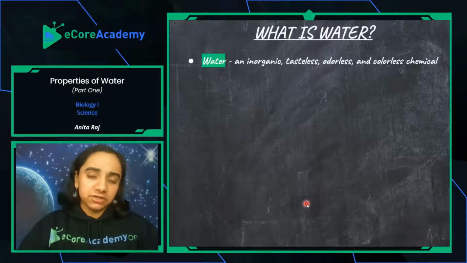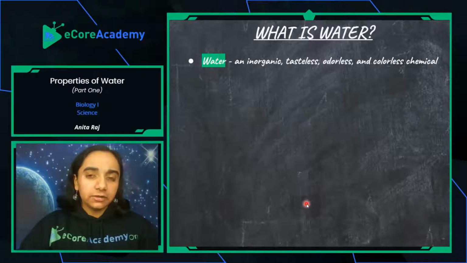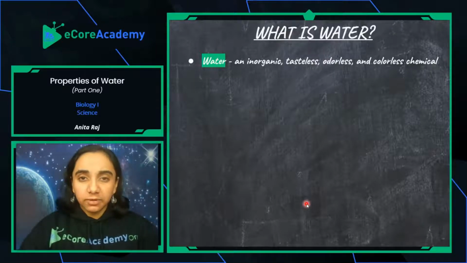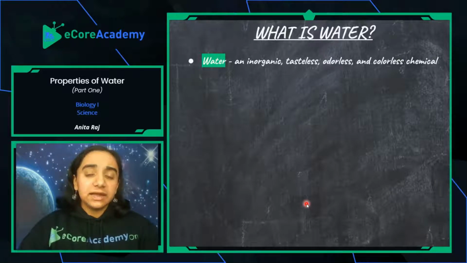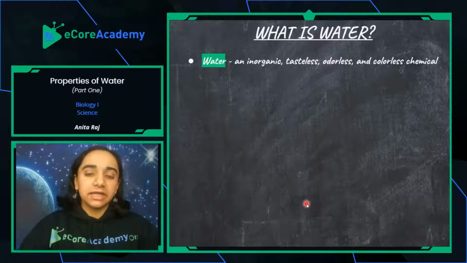So by definition, if you found it in a dictionary, water is an inorganic, tasteless, odorless, and colorless chemical. So inorganic for our purposes is anything without carbon in it. Carbon is pretty much the atom of life, if you want to think of it like that. Almost anything that has carbon is living. There are exceptions, but that's pretty much what defines life: carbon, especially the carbon backbone and skeleton we'll be looking at that makes up all these macromolecules.